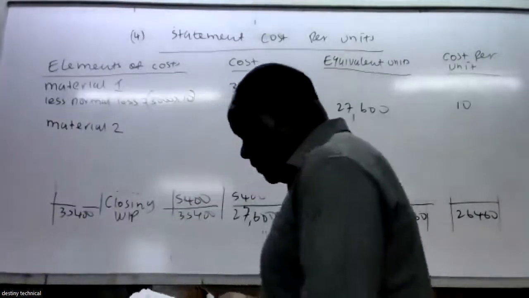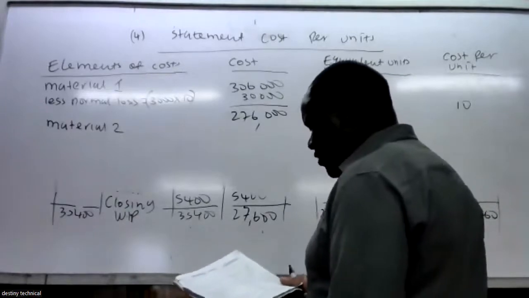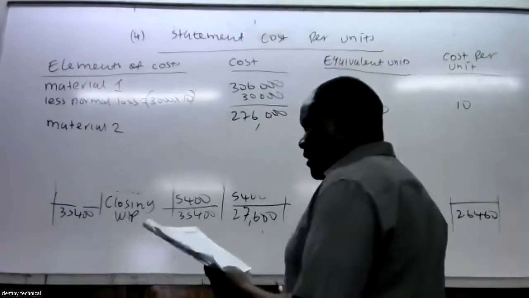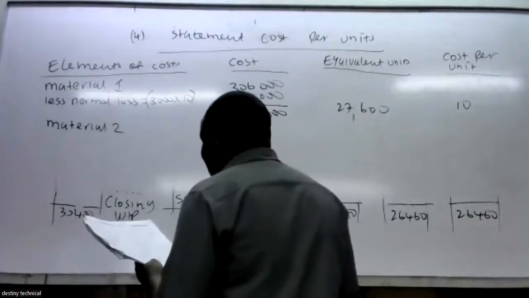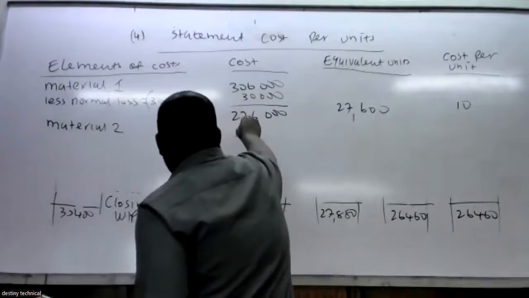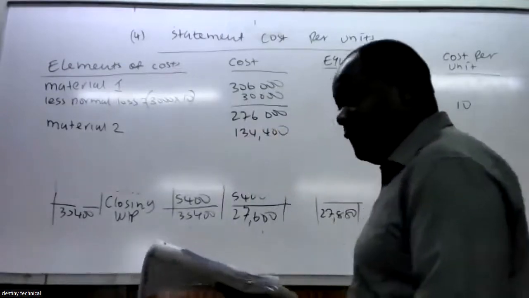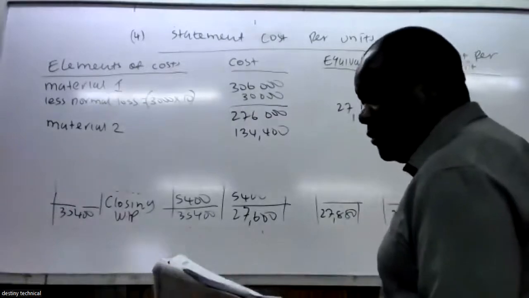Material 2, you check in note number 2, additional cost incurred, direct materials. It is 134,400 in note number 2.